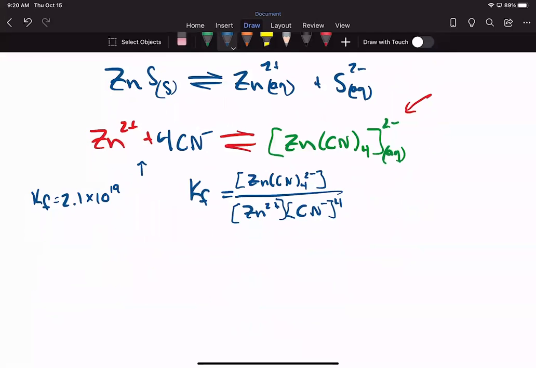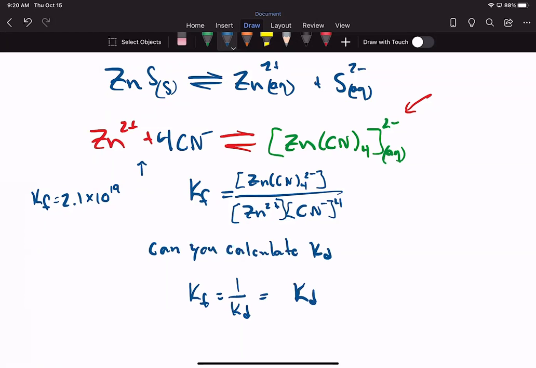My question here is, can you calculate KD from this? Sure, absolutely, because our relationship is KF is equal to 1 over KD. So let's see what our KD actually is.